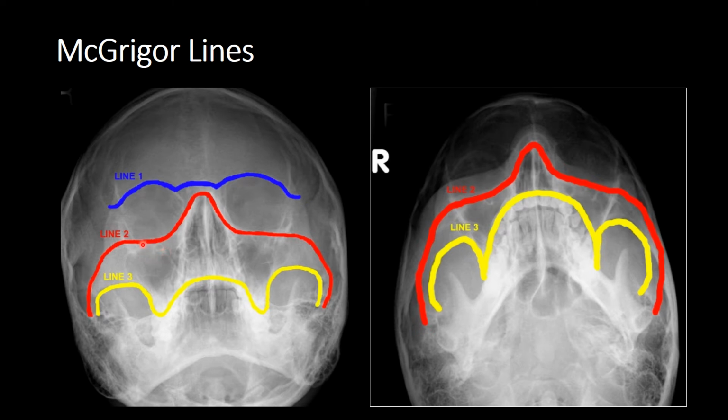Search very carefully for a soft tissue opacity that is seen inferior to the infraorbital margin, and this represents herniation of the orbital contents, which may occur with a blowout fracture.